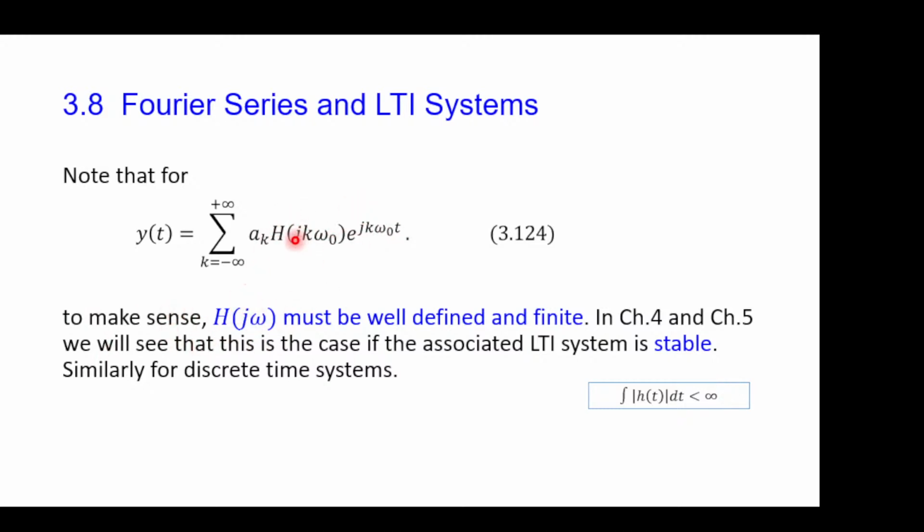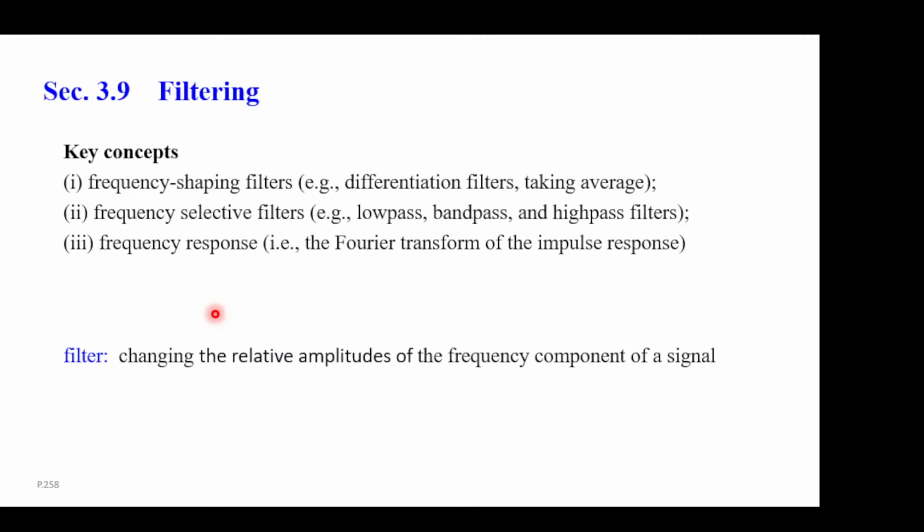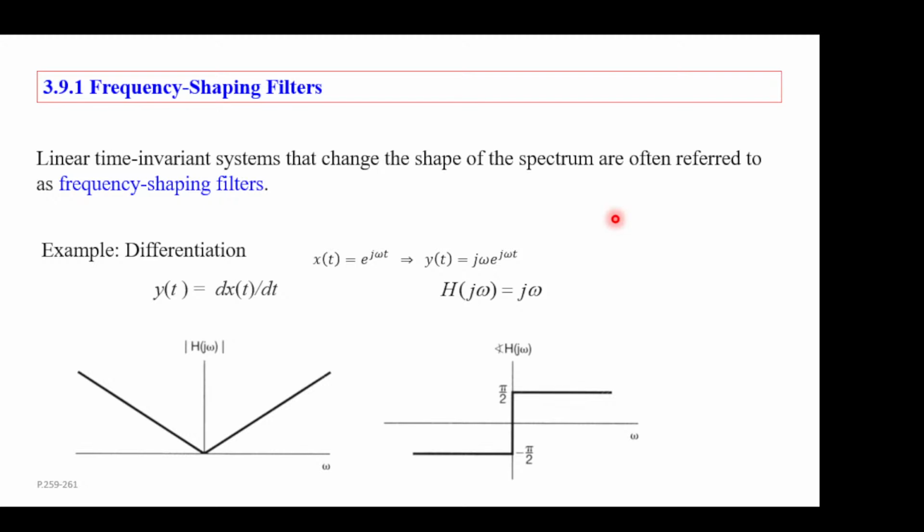If they have a particular shape in this frequency response, then we'll give them different names. Let's see some examples. We have frequency shaping filters, which change the shape of the spectrum.